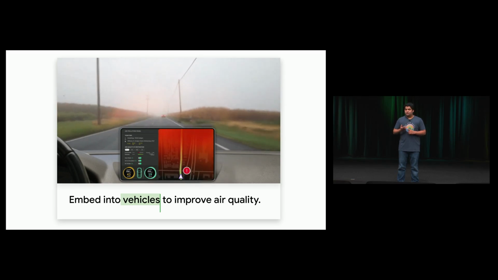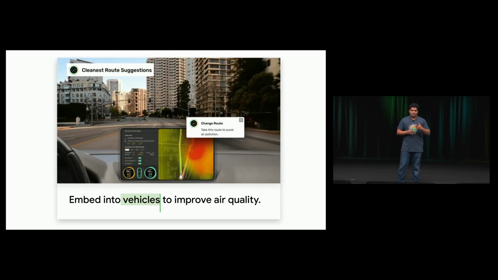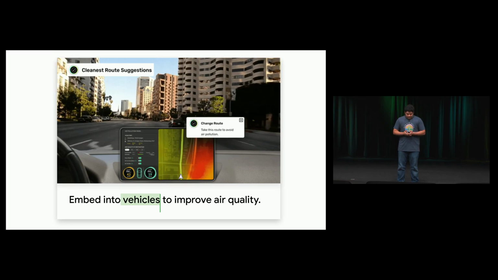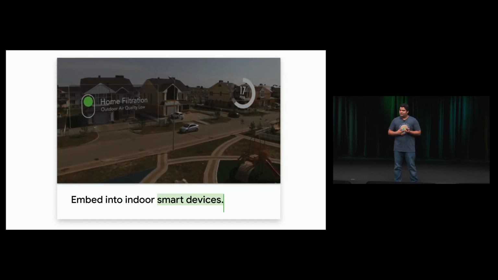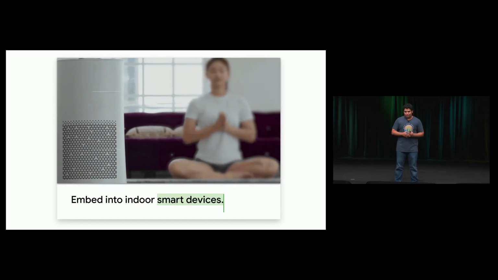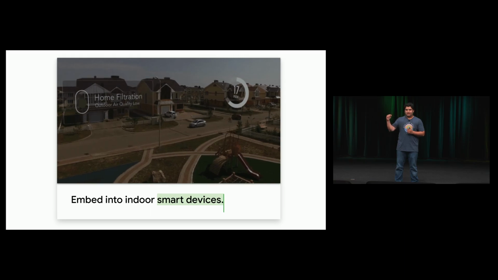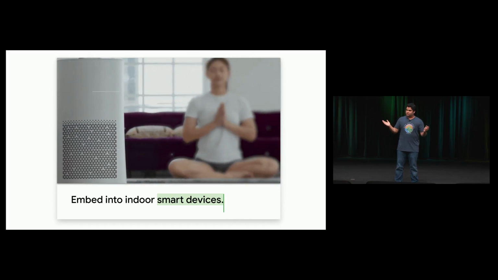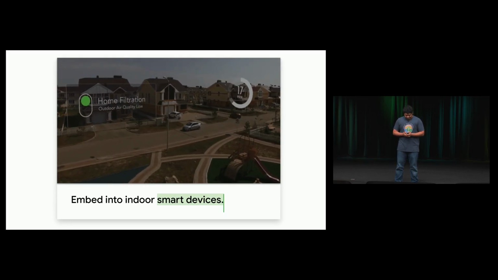You could either choose to take a different route or choose to automatically start recycling the air inside your car itself. Similarly, imagine a scenario where your smart home is connected to one of these air quality data points. The minute air quality goes below a certain threshold, your windows close and your air purifier is automatically turned on.